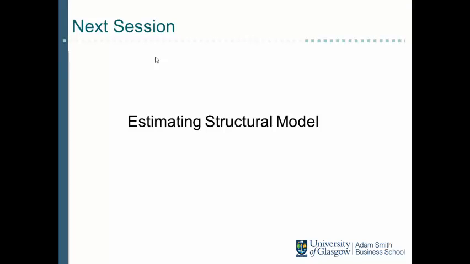Reliability of measurement is a necessary step for estimating structural model. Now that we established good reliability, we move on to the next step, structural model, and in our next session we'll begin to estimate hypotheses that link our concepts into a theoretical model.